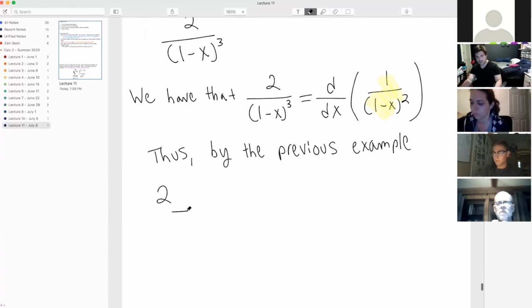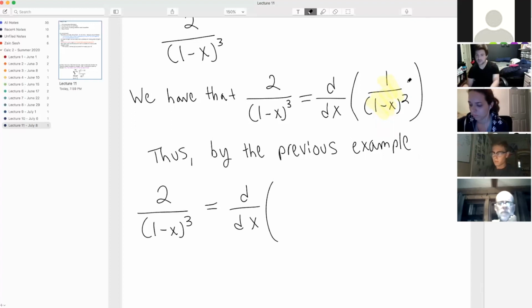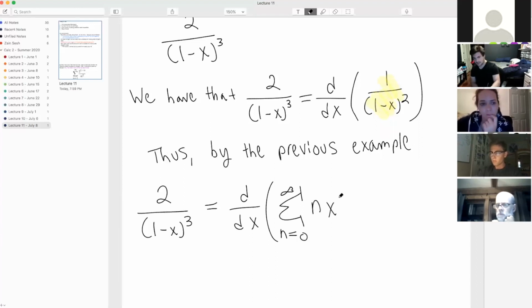We'll have that 2 over 1 minus x quantity cubed is equal to d by dx of, now I'm going to input the series representation for this guy, which we got from the previous example, the infinite sum of n multiplied by x to the n minus 1.